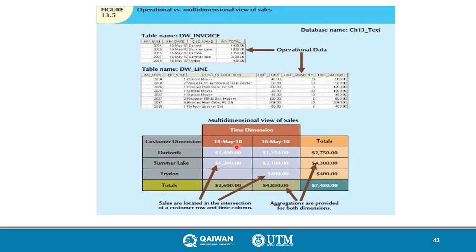From the time dimension, it will tell you the 15th of May 2010, the 16th of May 2010, and it will tell you the total. For example, this is a total, and also this is a total of this. So it is not only from one side, it is from different sides: from the customer dimension, from the time dimension, and from the total dimension.